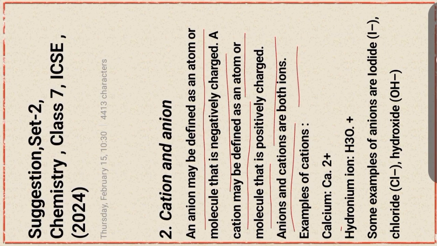For example, calcium cation Ca2+, hydronium ion H3O+. Some examples of anions: iodine I-, chlorine Cl-, hydroxide OH-.